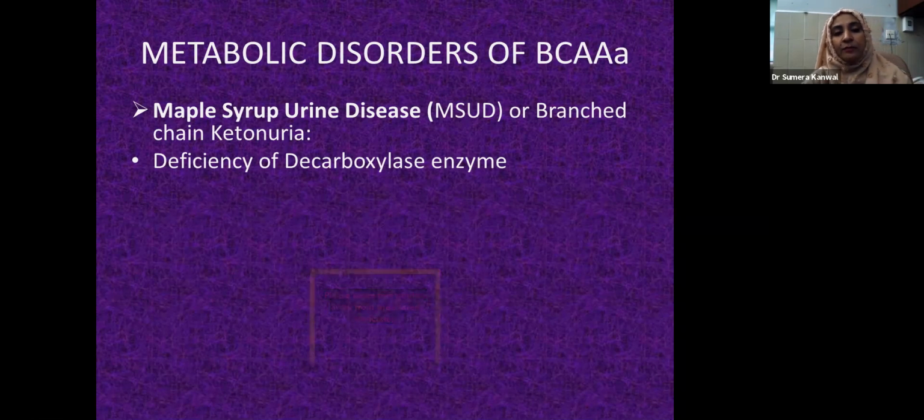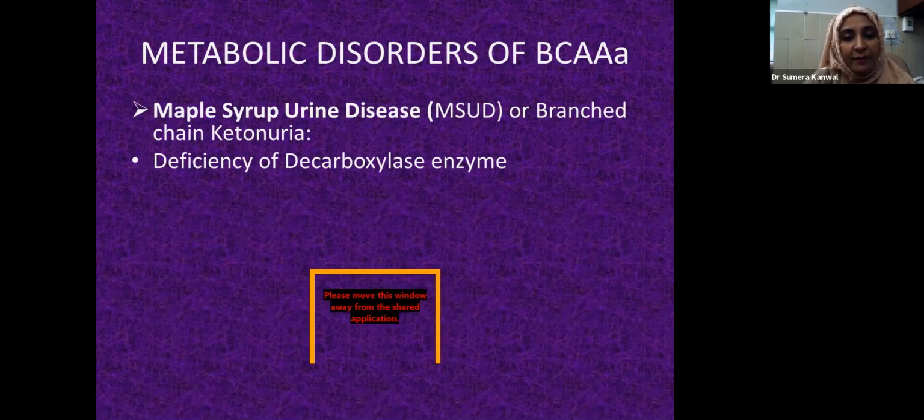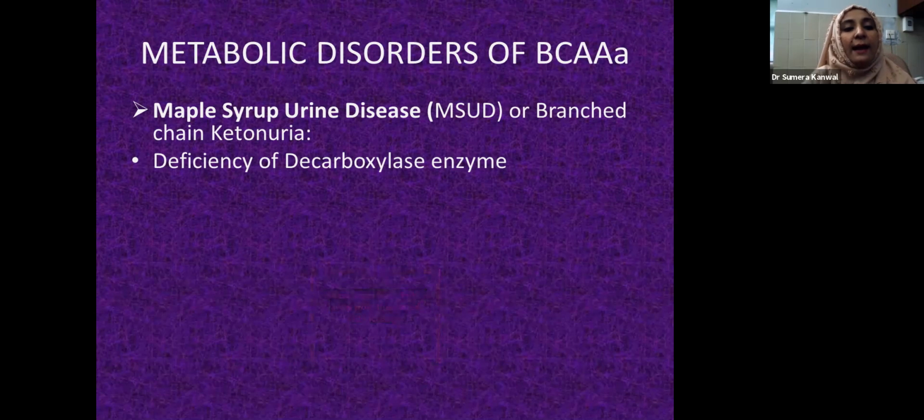This step number 2 is catalyzed by the enzyme dehydrogenase that requires NAD, FAD, lipoic acid, TPP, and CoA for its activity. So the deficiency or abnormal synthesis of this enzyme leads to defective metabolism of these amino acids. There is increased concentration of alpha keto acids in the blood because these alpha keto acids are not further metabolized into their CoA derivatives due to the lack of the enzyme decarboxylase.